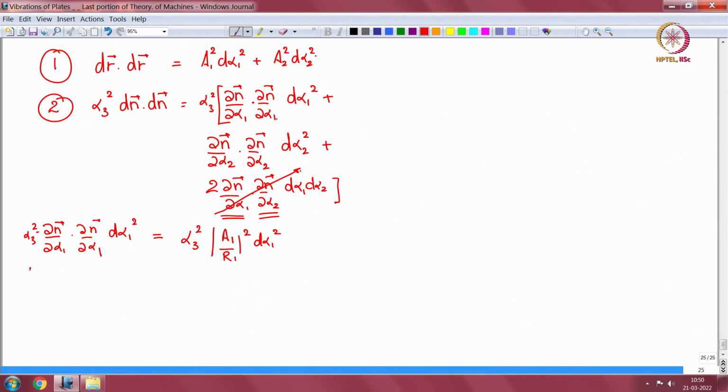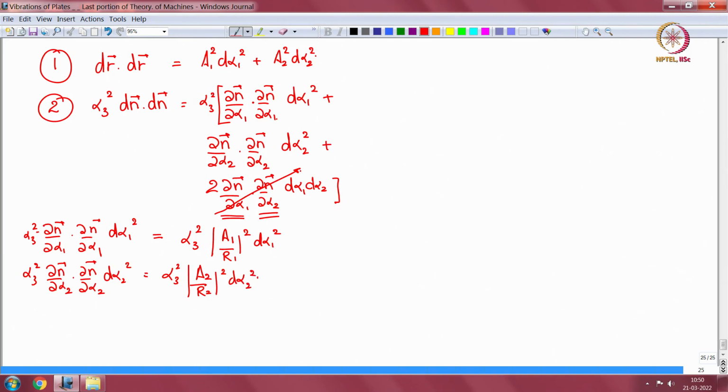Similarly, alpha 3 squared del n by del alpha 2 del n by del alpha 2 d alpha 2 squared is a2 by r2 d alpha 2 squared.